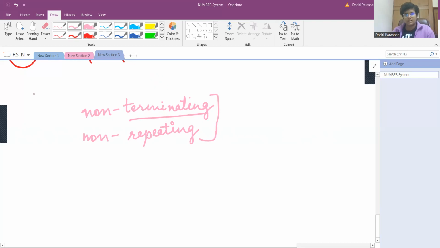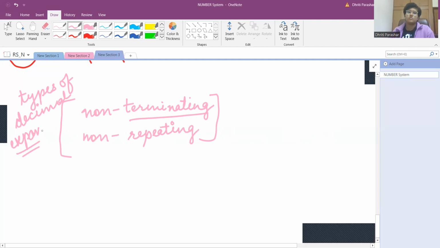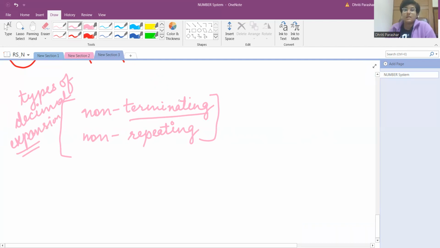These are basically the types of decimal expansion. Terminating means something that ends, something that has an end to it, right?